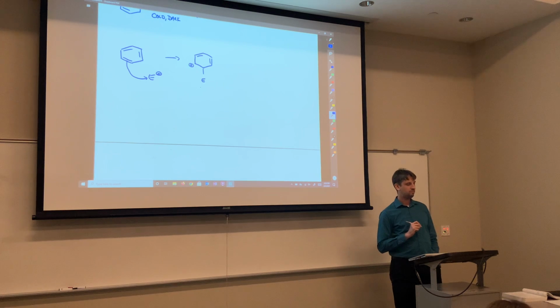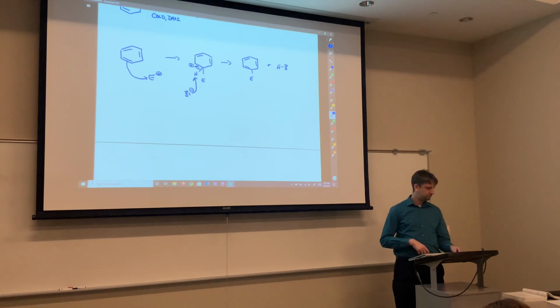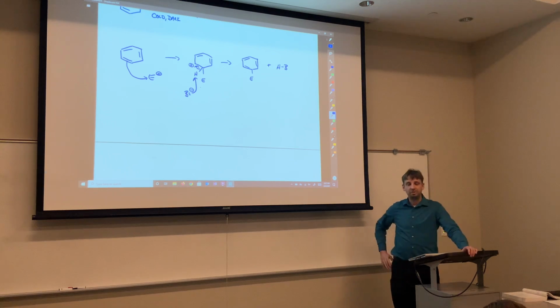Good. And then the B minus comes in. We'll notice that the B minus grabs the hydrogen where the E was added. Got it? And we do an elimination, and remember, whenever we do an elimination, we end up making a pi bond, and we end up regenerating our aromatic ring. Okay? Okay, questions?